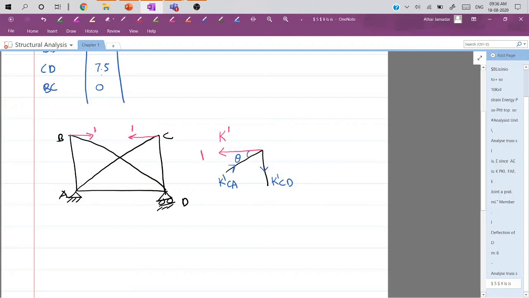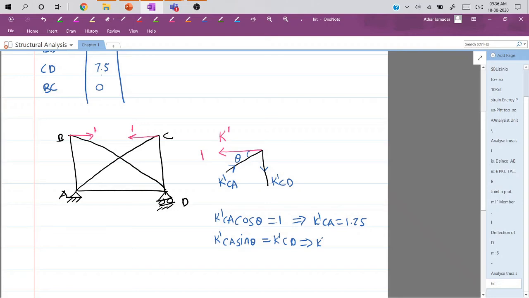Now if you take summation of Fx equal to 0, you will get K dash CA cos theta equal to 1 kilonewton, which gives K dash CA equal to 1.25. If you take summation of Fy equal to 0, that gives K dash CA sin theta equal to the downward force K dash CD.